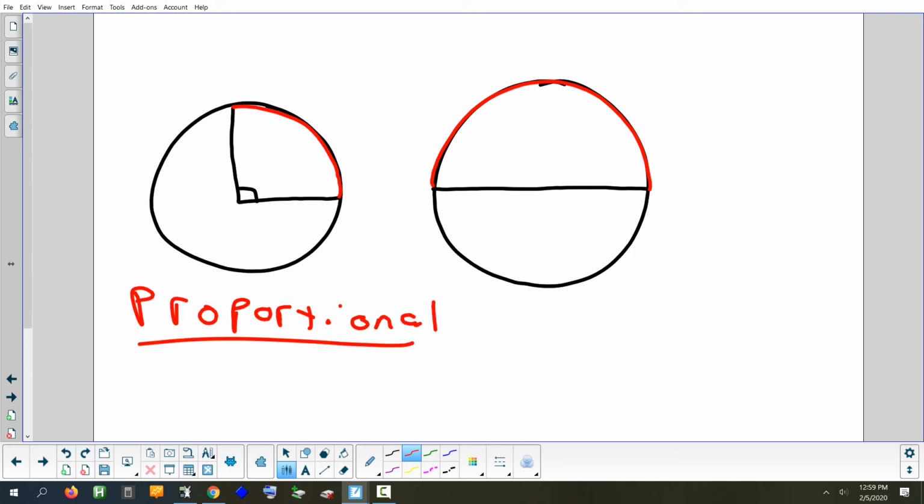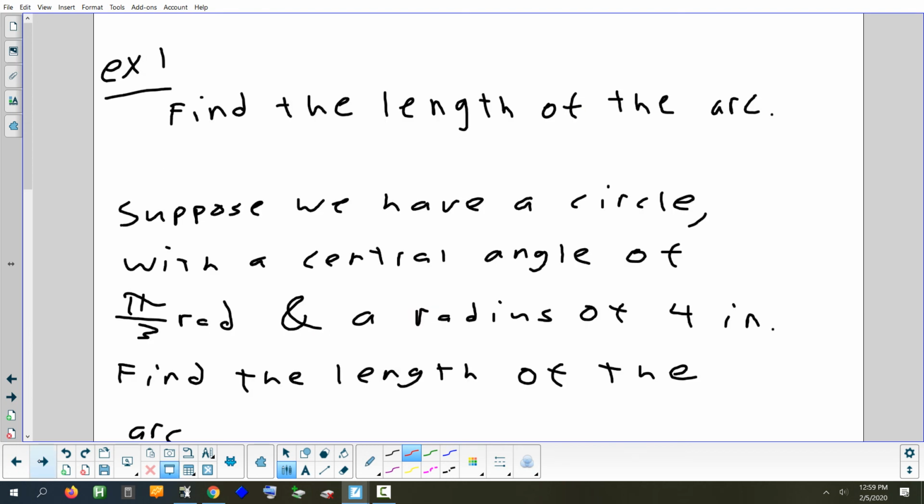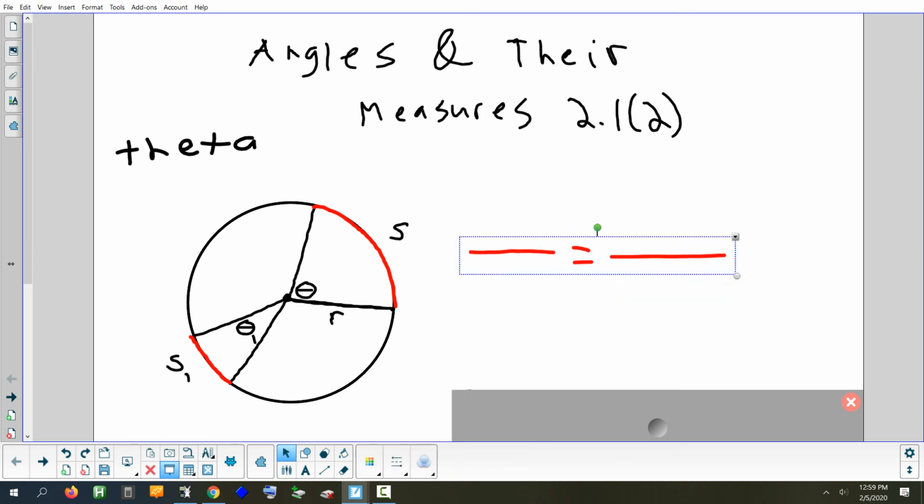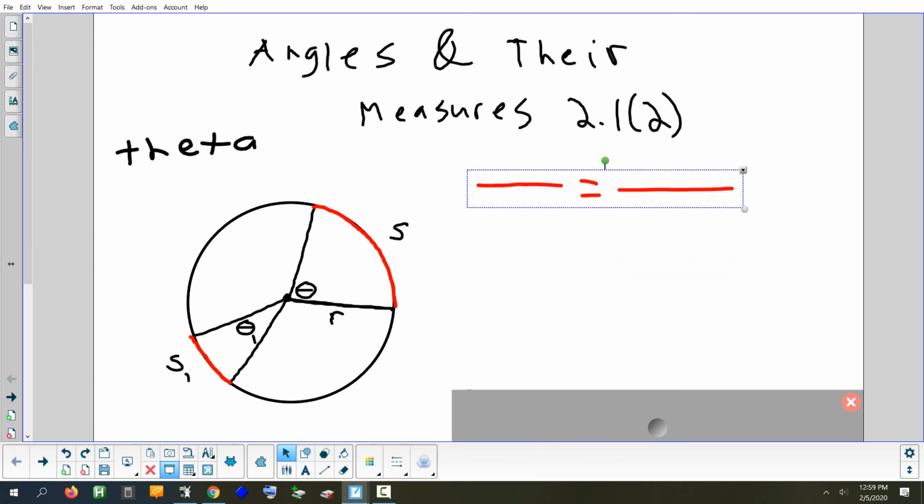And if you look at the word proportional, first part of it is proportion. So if two things are directly proportional, you are allowed to set up a proportion between them. So let's set up a proportion. A proportion has 4 spots in it. And proportions only apply to things that are directly proportional, which we just said this is.